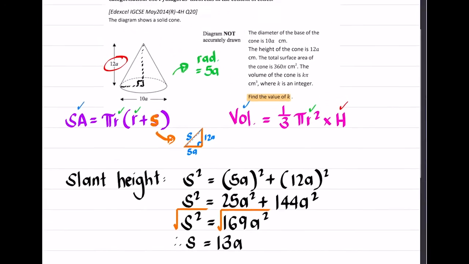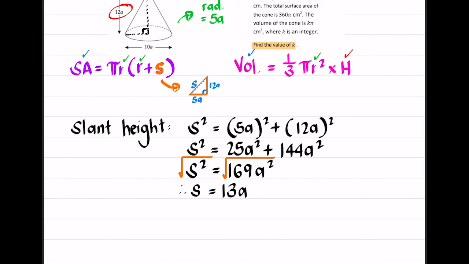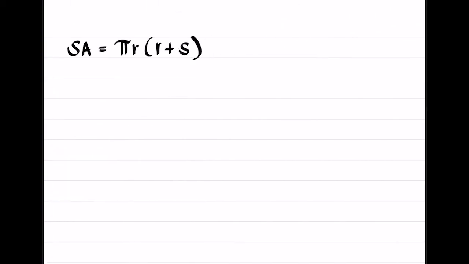Now we're going to substitute into our formula for surface area and volume, and we are going to determine our unknowns. The surface area that they gave us is 360 pi. That is equal to pi r, where r is the radius, which is 5a, multiplied into r plus s.